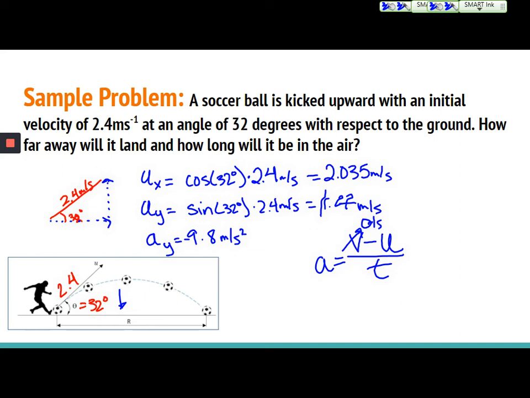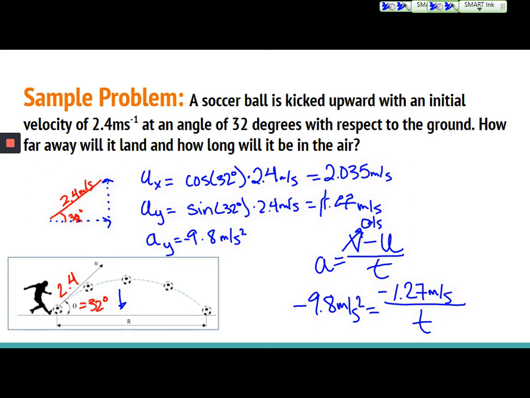And so we know negative 9.8 meters per second squared is equal to our negative initial velocity, so negative 1.27 meters per second, over t. We go ahead and we solve for t.